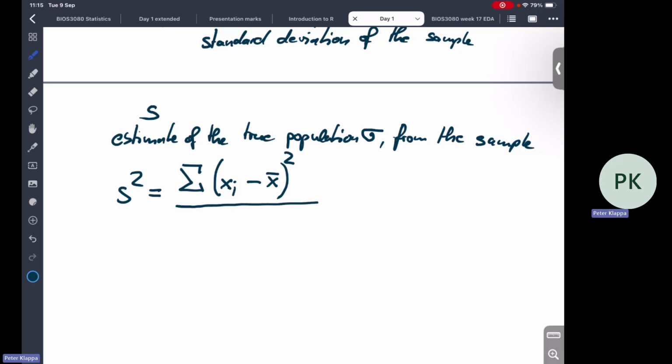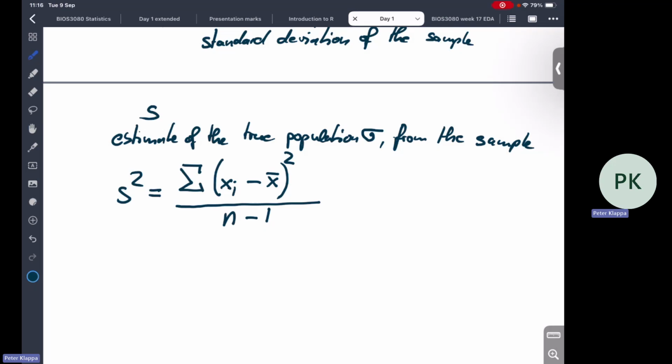And now we divide by something that's a little bit smaller than previously. And that would be sample size. We just simply subtract 1 of it. Why this 1? Just simply to make this a little bit bigger. We divide by something a little bit smaller, then it makes it a little bit bigger.